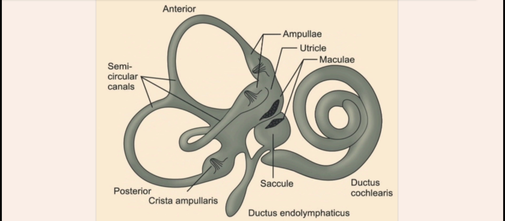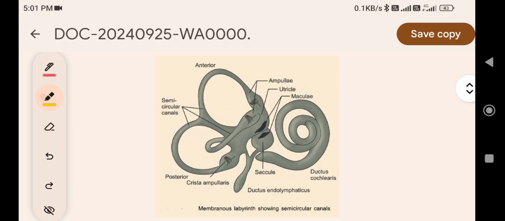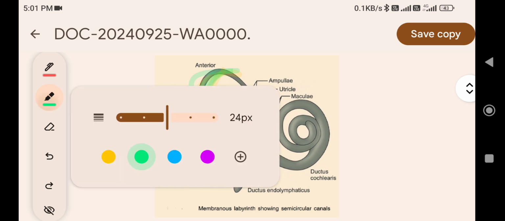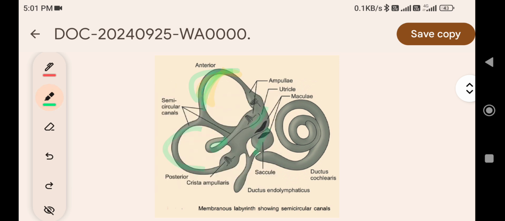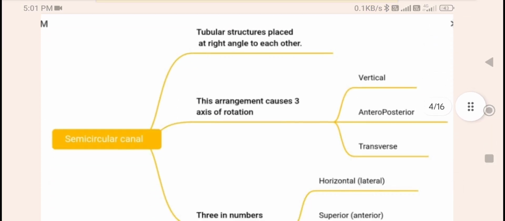Okay, as you can see here, there are 3 semicircular canals, ring-like structures. This is semicircular canal 1, 2, 3, and the otolith organ, that is the utricle and saccule, is only this. Okay, so move to the next.